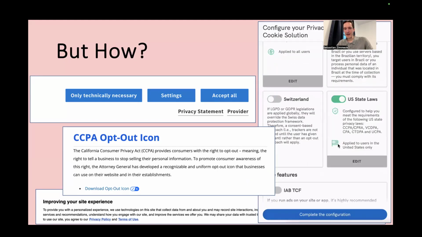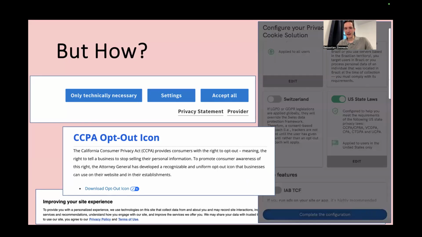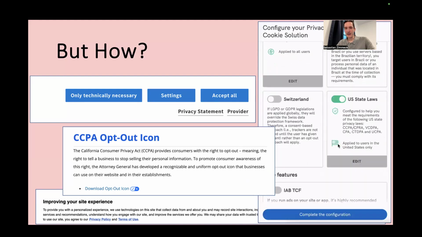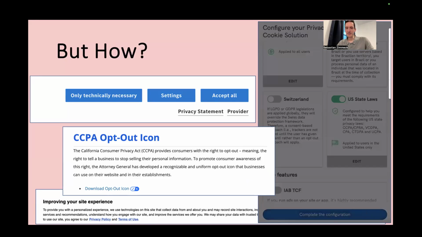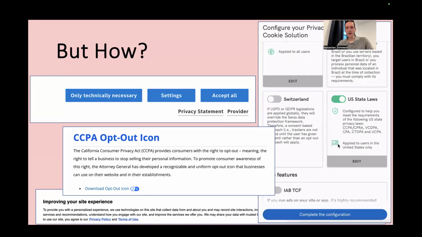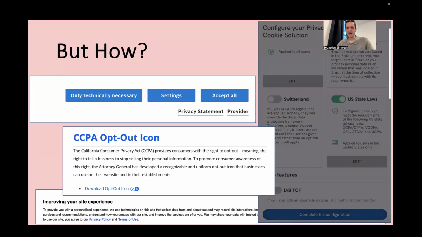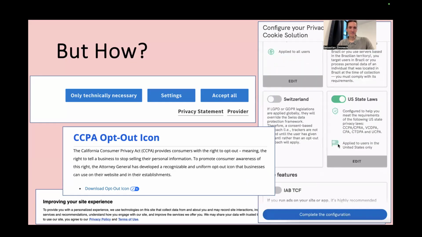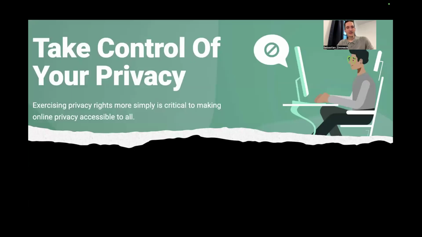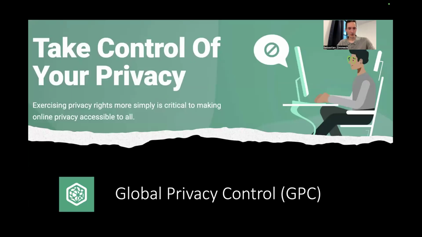There we can evidently select something for US state laws, for Switzerland. And then if we look at the bottom, there's actually the TCF, the Transparency Consent Framework. So which normal users can actually understand this? It's impossible. And so the idea is we want to have a simple mechanism for opting out.